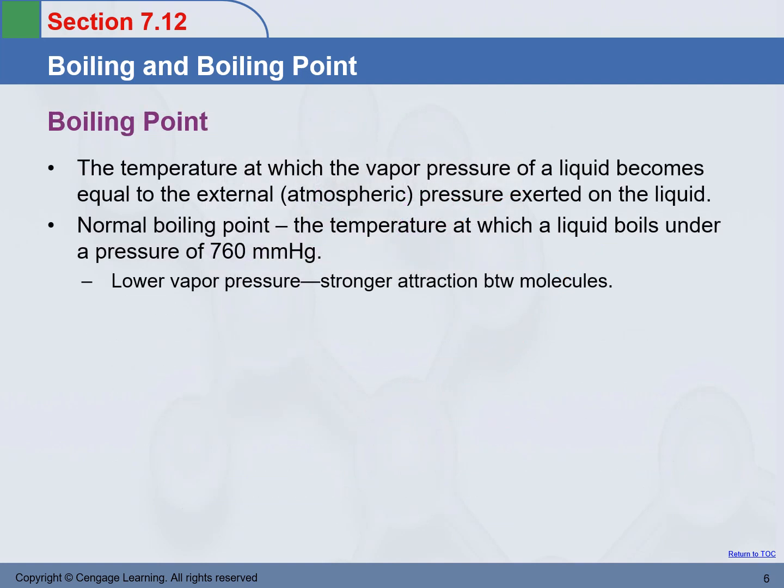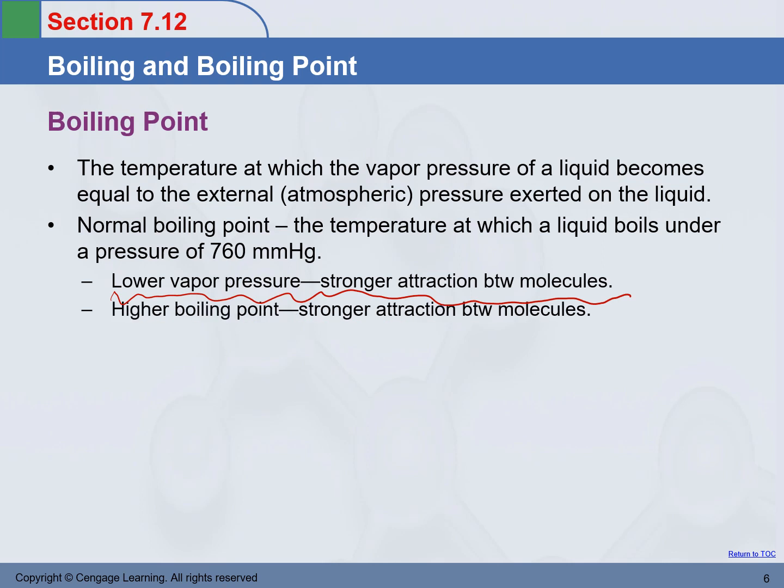So our last conclusion from the evaporation experiment was lower vapor pressure, stronger attraction between molecules. If a liquid has lower vapor pressure, the attractive forces between its molecules are stronger.